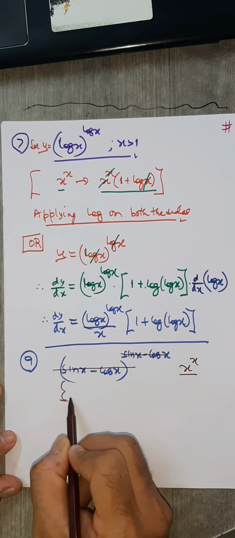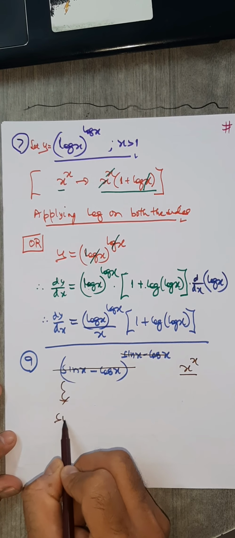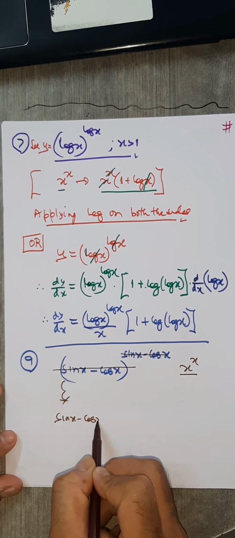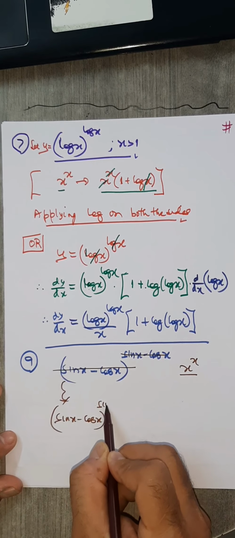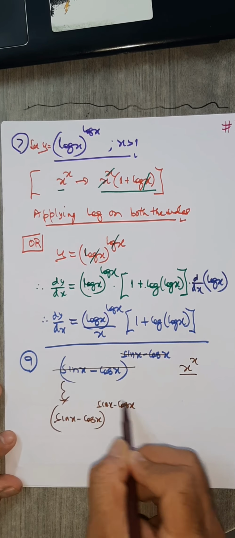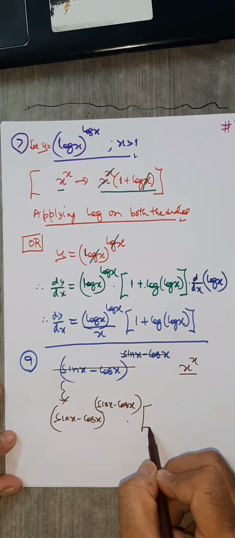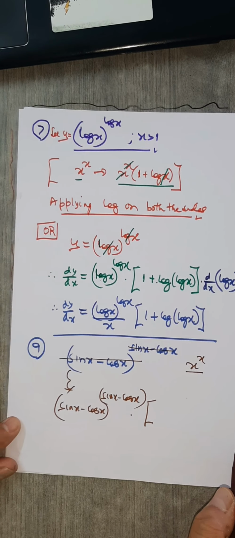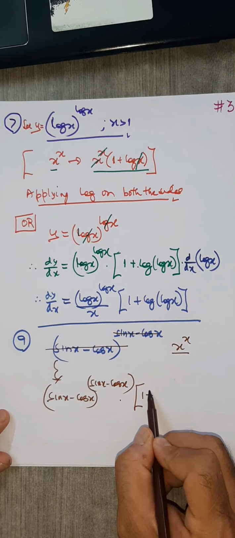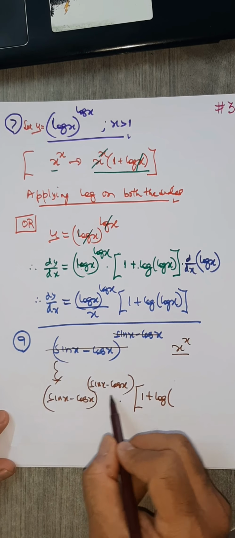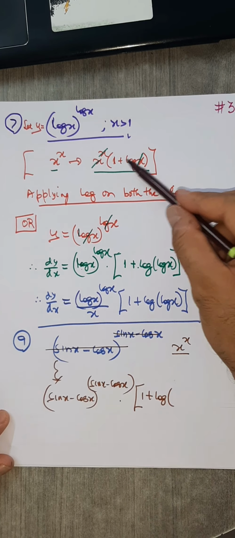So here, dy by dx, if I write directly, x raised to x into, inside the bracket, 1 plus log of x.